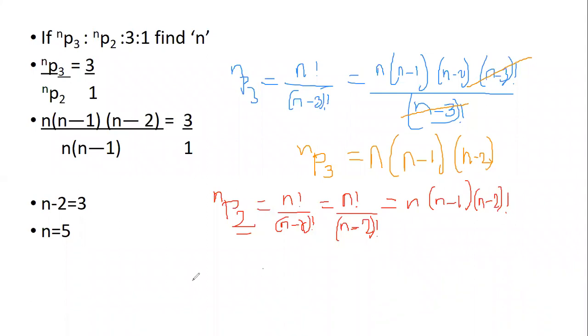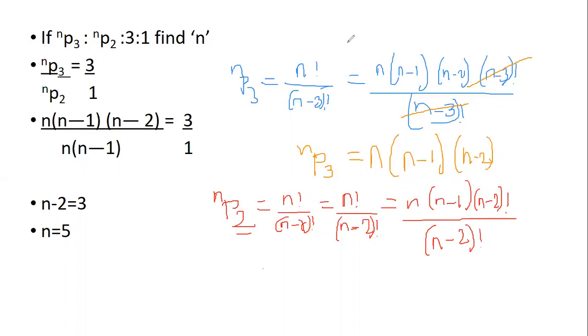Actually, if you take n factorial, it is nothing but n into n minus 1 into n minus 2 into n minus 3, 4, 5, and it just goes on and on. Instead of taking so many numbers, I am stopping it at my convenience, because I have the same number by which I can divide, that is n minus 2 factorial.